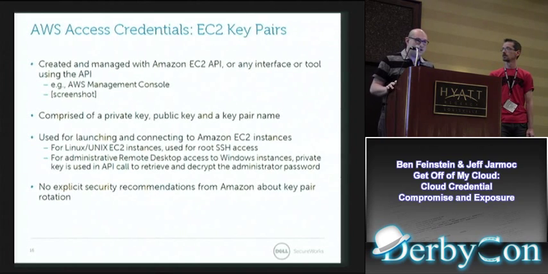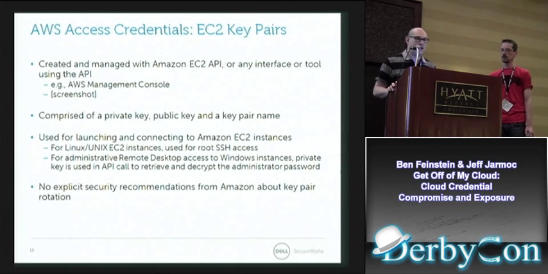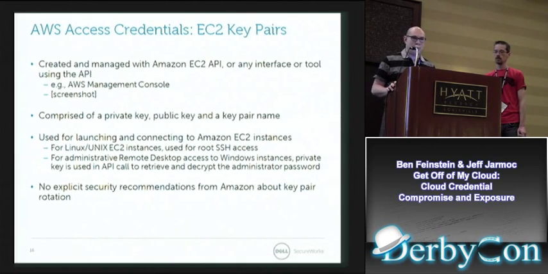EC2 key pairs. These are literally SSH key pairs. If you're familiar with accessing SSH servers using public key authentication, it's the same concept here. You generate a private key and public key pair using the RSA algorithm. You can do this within Amazon's web interface, or you can do it on your own.